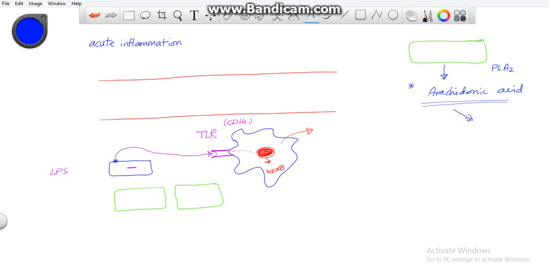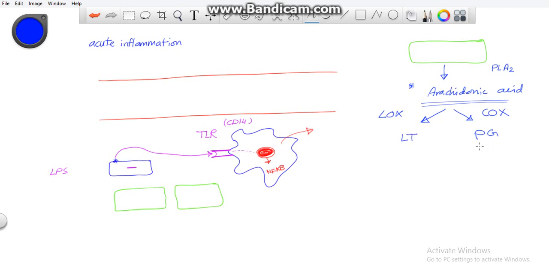It can either go with the path of the cyclooxygenase enzyme, and this gives us prostaglandins, or it could go with the pathway of the lipooxygenase enzyme, and this will give us leukotrienes.